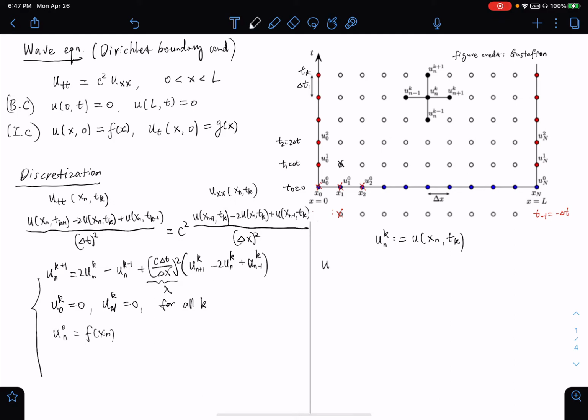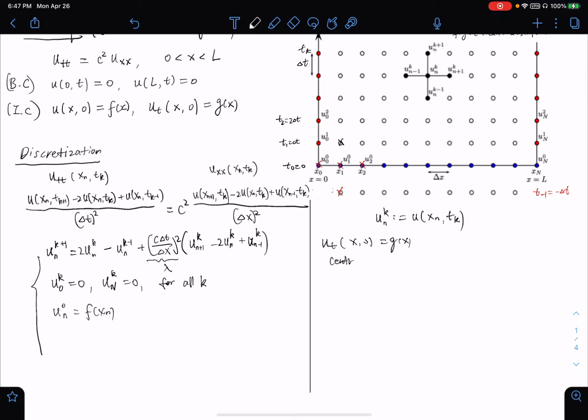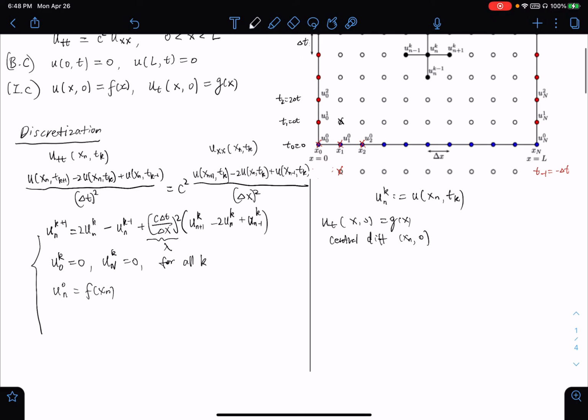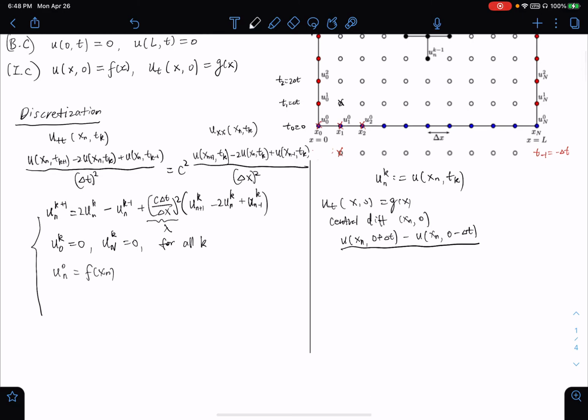So we have u_t at x, 0 is equal to g of x, and then using the central difference formula for every xn at time t equals 0, we have that u of xn, 0 plus delta t, minus u of xn, 0 minus delta t, divided by 2 delta t, since this is a first order derivative, is equal to g, of course, at xn.